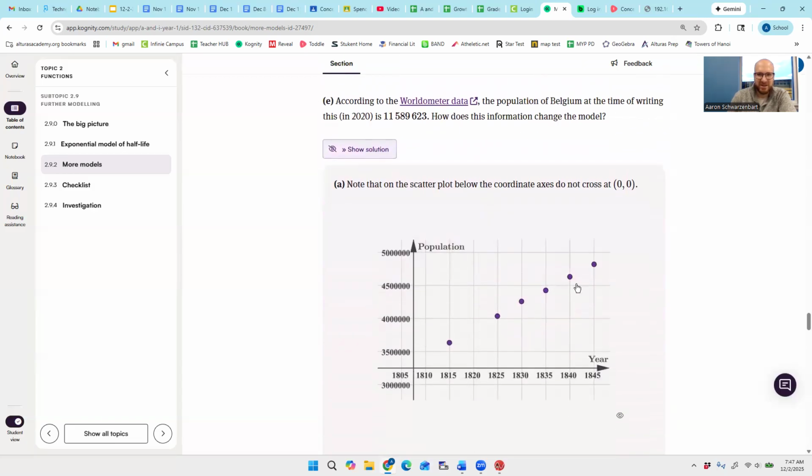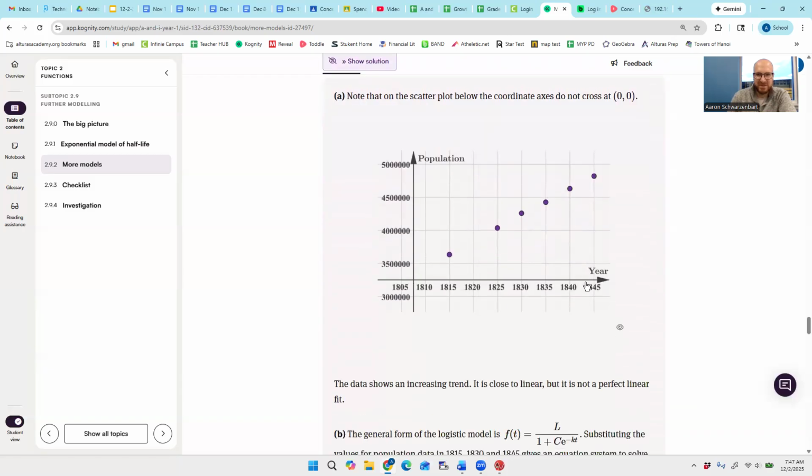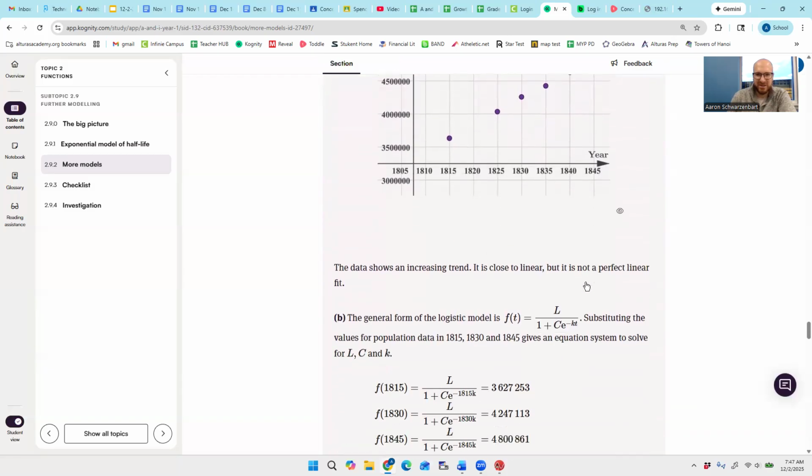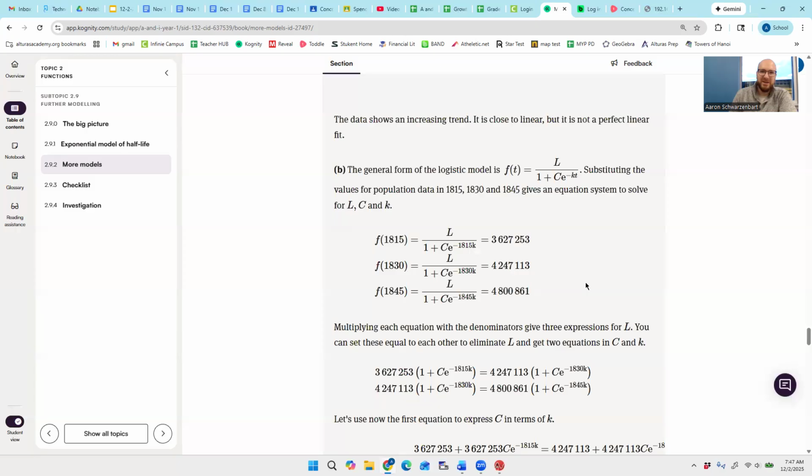So here we've got it. It actually looks pretty linear here, but they plugged in values. Okay, so we've got this. And if you multiply both sides by the denominator, you end up with this.